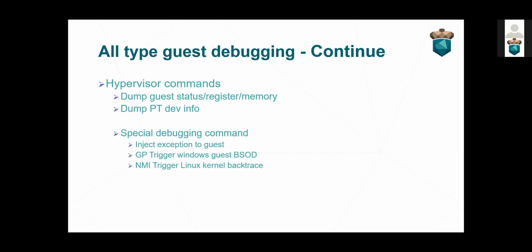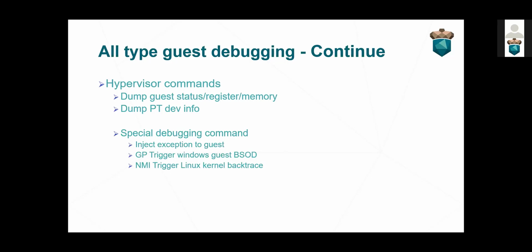For example, we could inject an exception into the guest to trigger something. For example, we could inject a general protection fault into Windows. If you run a Windows guest, that will trigger a BSOD. In some cases, Windows could dump its status to the storage. Then you could use the general Windows BSOD analysis method to check what's happening in Windows.